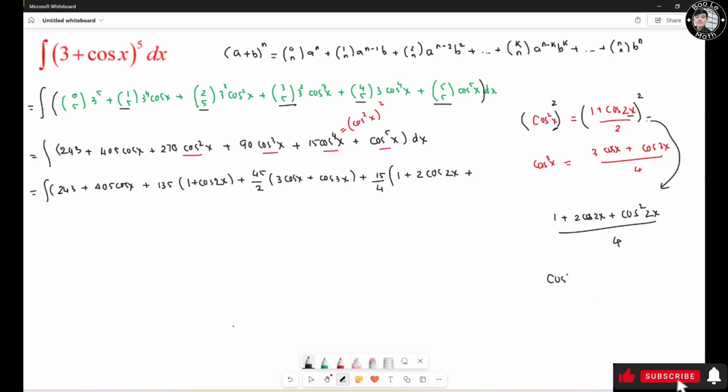Now if I have cosine squared of 2x, it is going to be 1 plus cosine 4x over 2. Alright, so right here, instead of cosine squared of 2x, I just write 1 plus cosine 4x over 2.